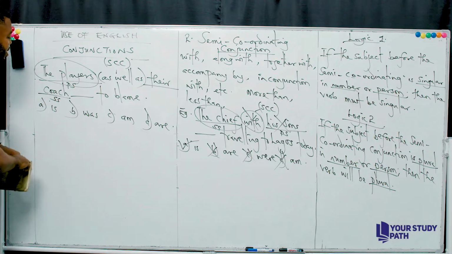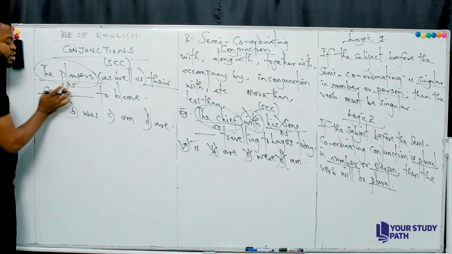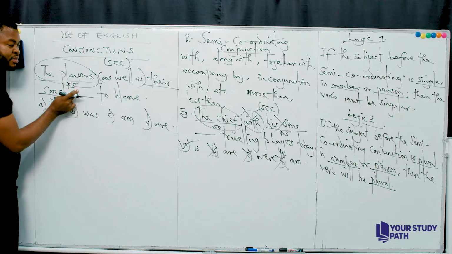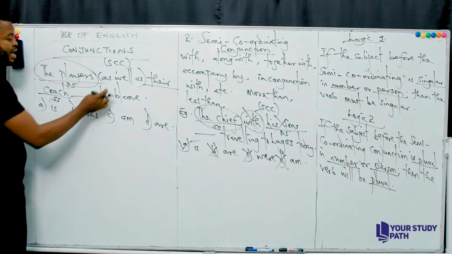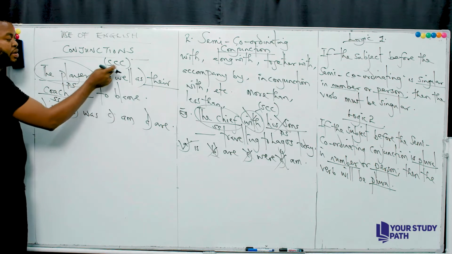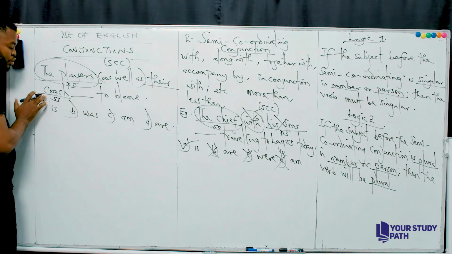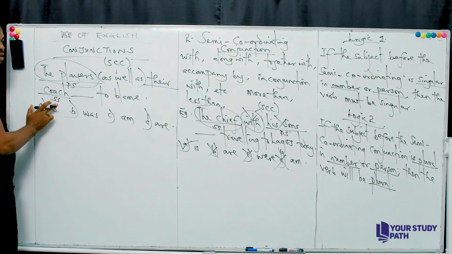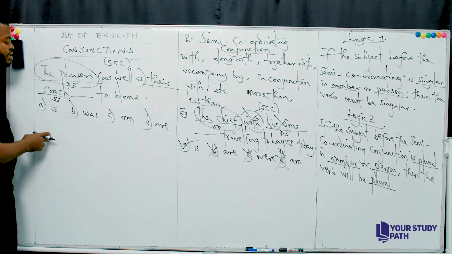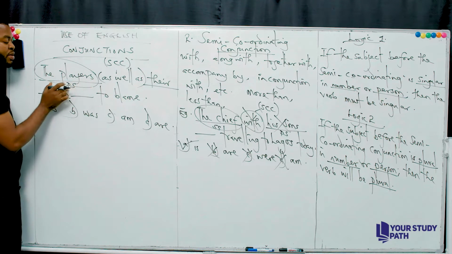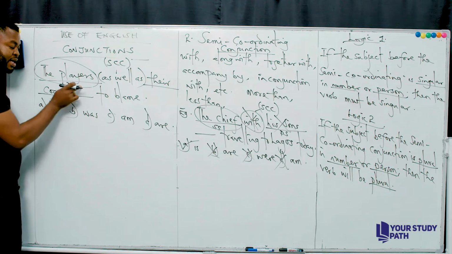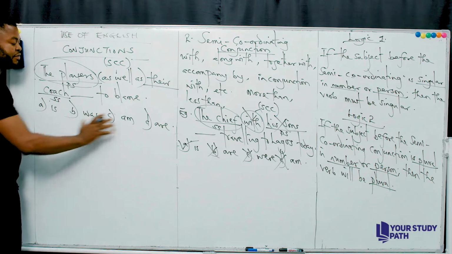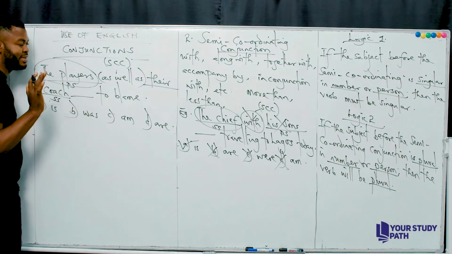So what do you have in this case? Now you have the players, the plural subject. Then, as well as is the semi-coordinating conjunction, their coach, that's a singular subject. So what you need to do is pay attention to the first subject, which is a plural subject. It means that the verb has to be plural. That's the simple logic.